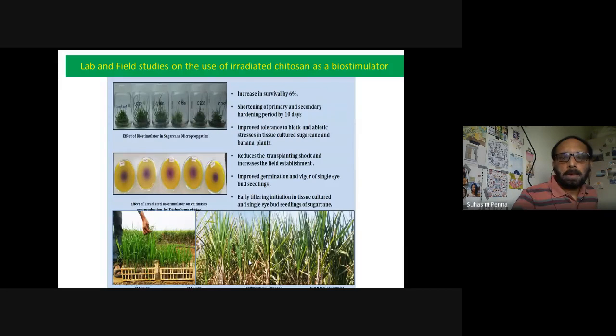I'll leave it here because this is a topic which Dr. Dalvi is going to cover in detail either on 7th or 8th of December. I thought I'd introduce you because when I say radiation technologies, these are two applications where we have worked. One is induced mutations, the other is developing a radiation-based polymer which can be useful for sugarcane improvement.